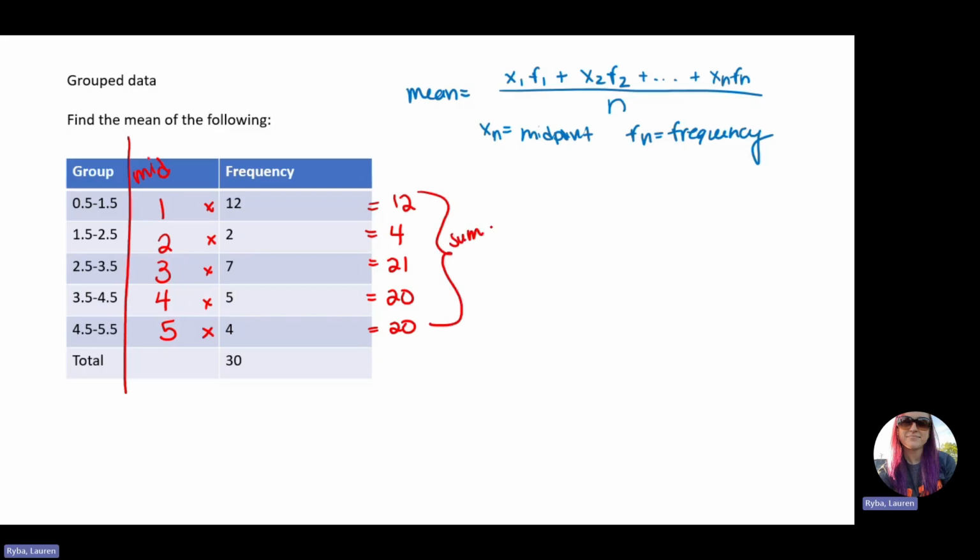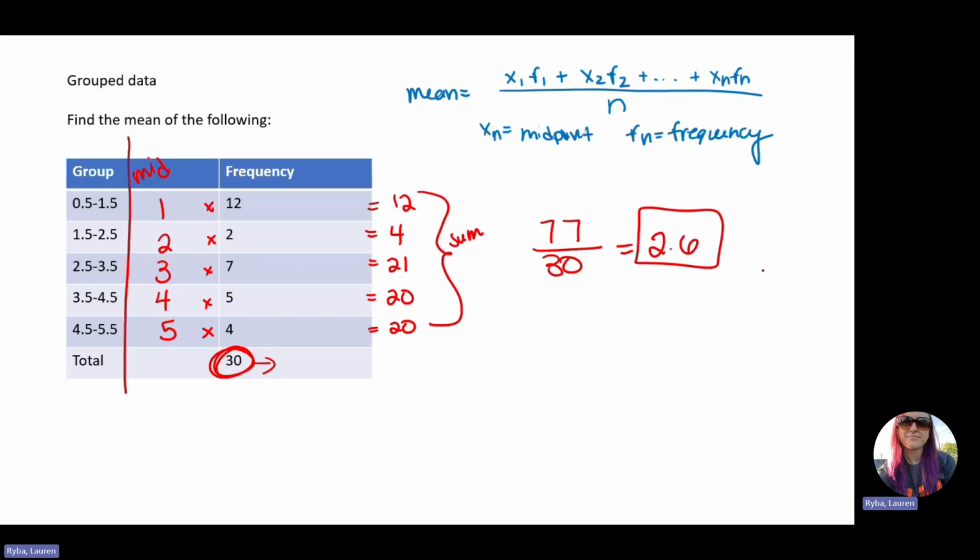I am going to sum those values. 6 ends in a 7, so 77 is my total that I'm then going to divide by how many data pieces I had, 30. I take 77 divided by 30, I'm going to get 2.6.